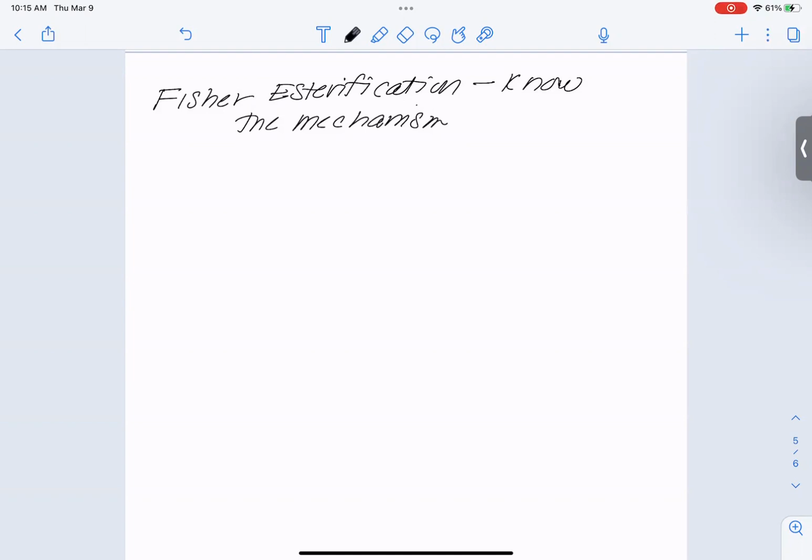So we're going to take a carboxylic acid and we're going to add an alcohol. You're going to have an acid catalyst.